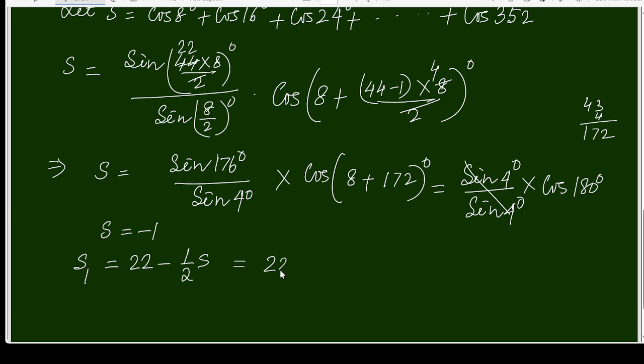So 22 minus half into minus 1 will be 22 plus half, which equals 45 by 2.